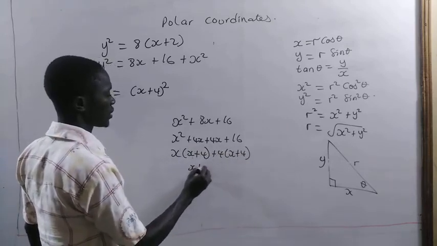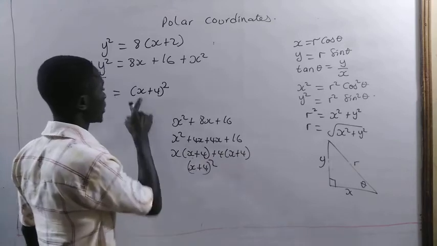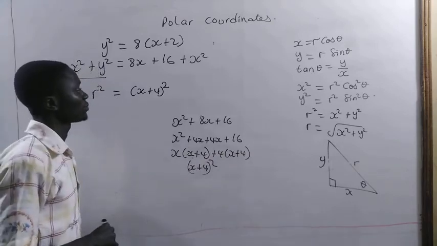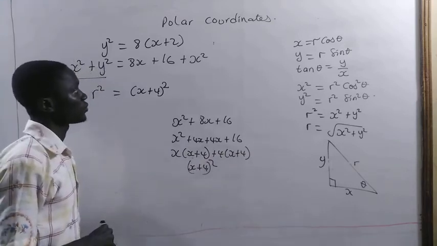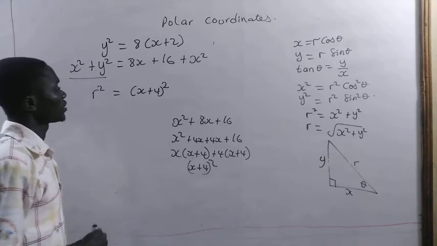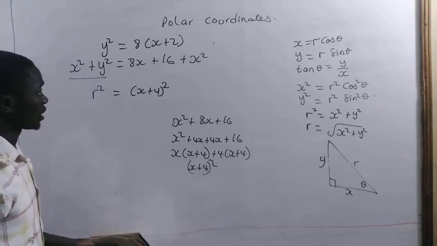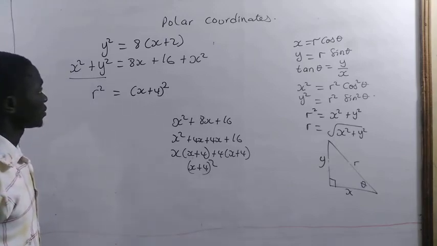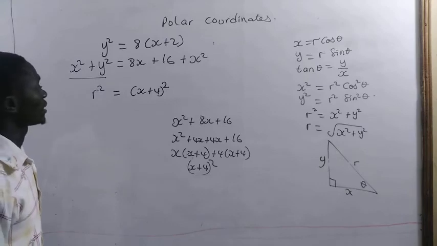So we have x plus 4 all squared. That's what we have there. I think we can do it like that and it will fit. So if that happens, then I think we can do this one very simply.